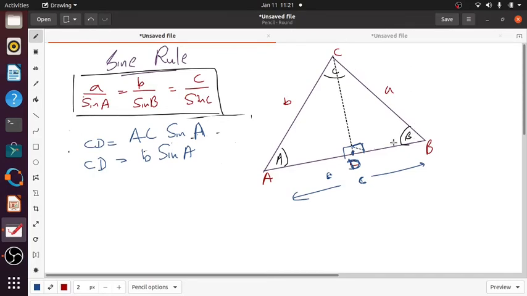And using the other triangle, we can write CD in terms of a and b.